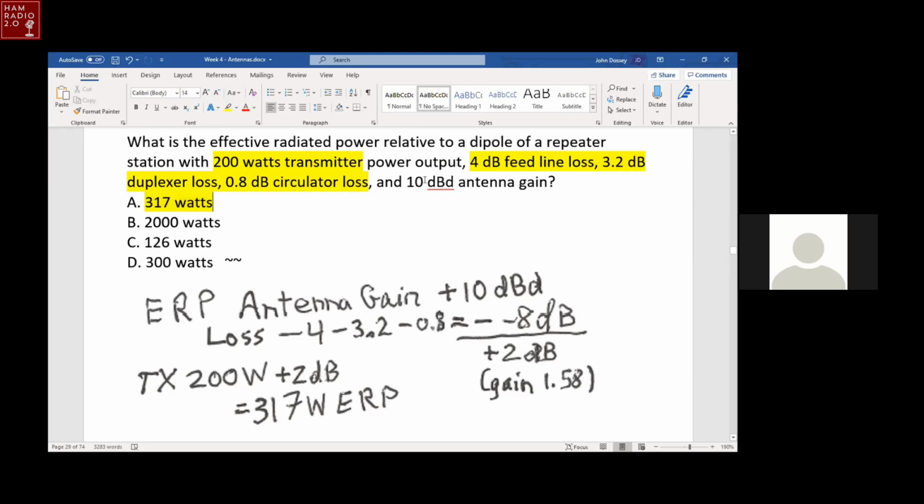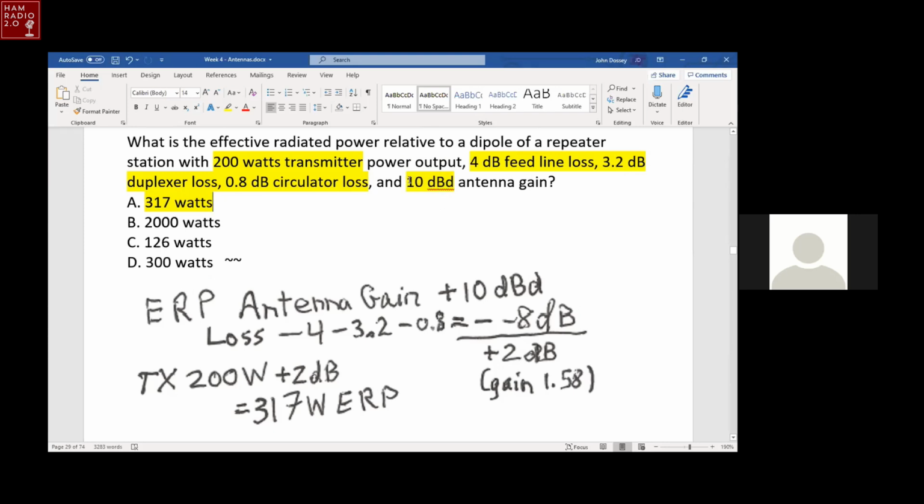See, because the antenna gain is specified as 10 dB relative to a dipole. Okay, you have to watch the antenna gain reference, if it's a dipole or if it's isotropic. Because what some people can do to sell antennas and make you think you're getting higher gain out of it is make it relative to isotropic.